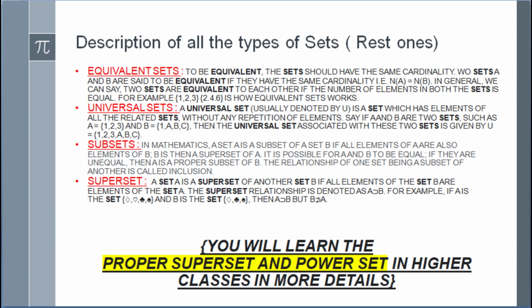Now we will be moving on to the universal set. The universal set is a set which considers all the possible objects. Means, if there are two sets, let us assume set A contains the students of our class who play football, and set B contains the students of our class who play cricket.